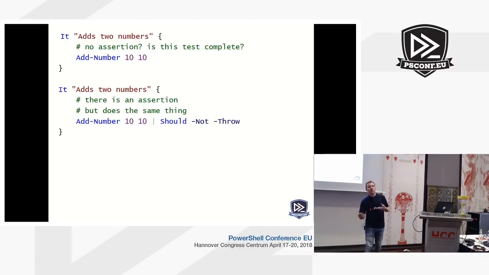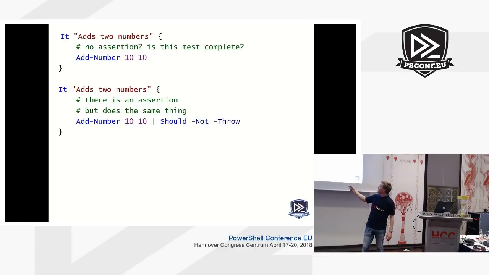We usually don't run code just for it to do something. We run it to get some concrete result or some concrete action that happens. So just testing if something happened, not that something concrete happened, is a waste of our time, because Should -Not -Throw is a subset of every other correct validation.